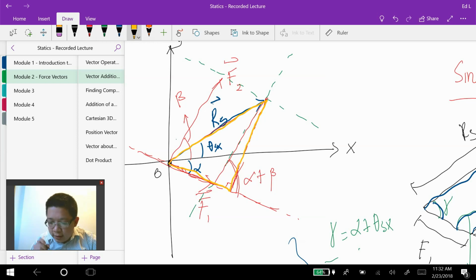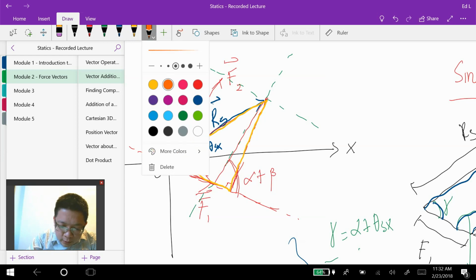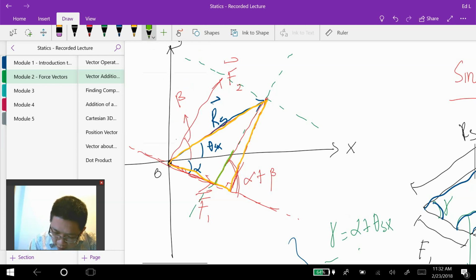Right, and then actually there are two right triangles. This is the big one, and I would like to draw the small one. I use green color. It's this guy.